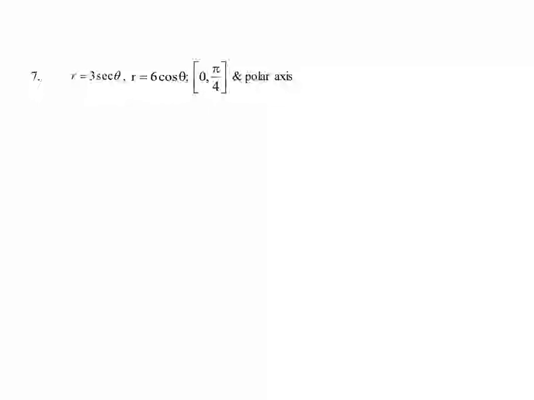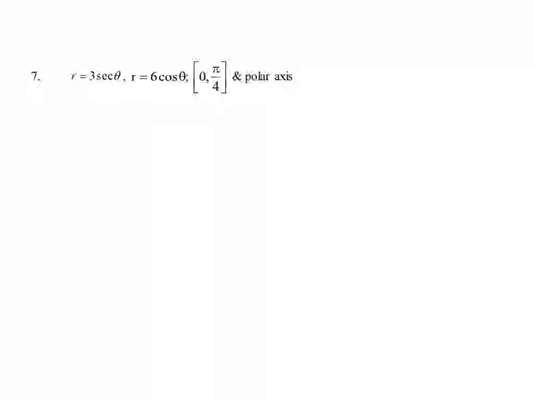When you're graphing this, is it still going to be on the x-axis from 0 to pi over 4? No, when you graph it, you're still going to see rotation, but are we going to look at anything past pi over 4?